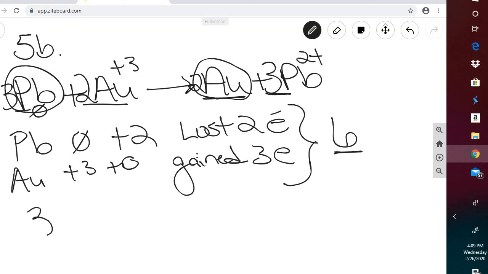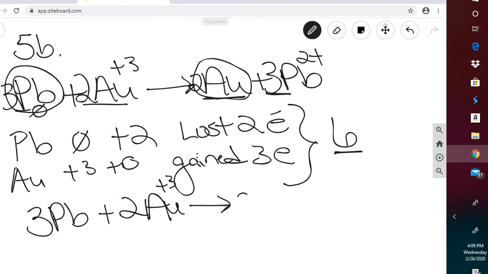So let me rewrite that. It'd be 3 Pb plus 2 Au3+, and that's going to give us 2 Au plus 3 Pb2+.